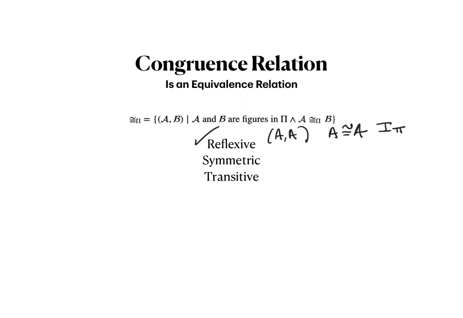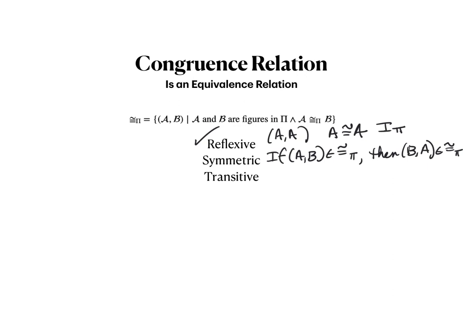Next, it must be symmetric. In order for a relation to be symmetric, if A comma B is an element of my relation, then B comma A must be an element of my relation, and in this case, the congruence relation.